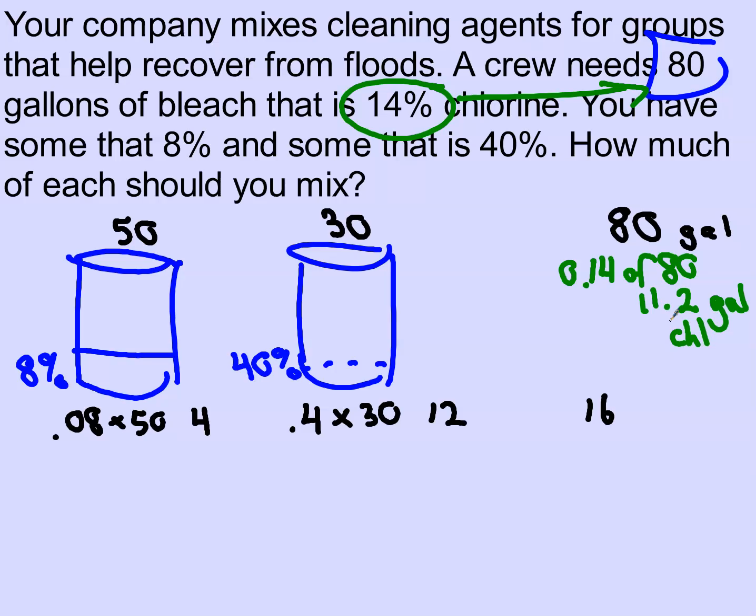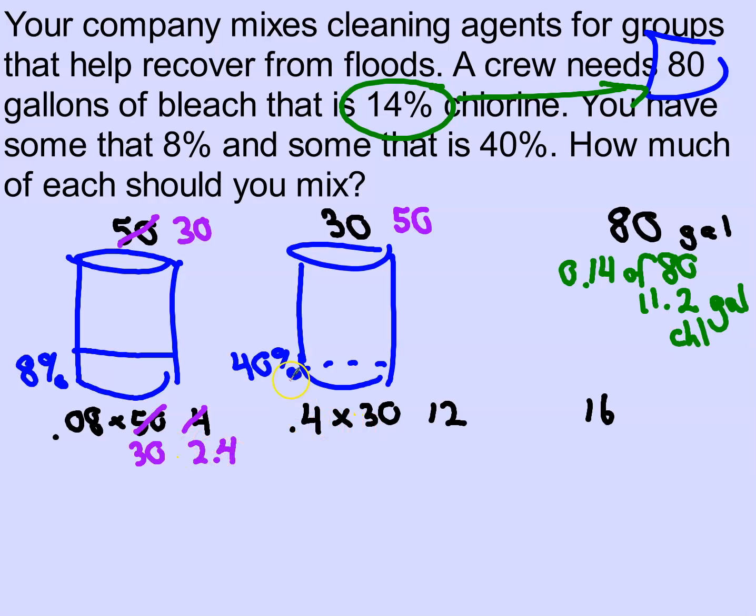Well, let's just guess again. What if I guess, let's see here, how about 30 and 50? That still adds together to get 80, but I don't know if I've got the right amount of chlorine. But here's the deal: I'm still going to calculate the amount of chlorine the same way. I'm just going to multiply by 30 here instead of 50, and I'm going to get 2.4 here.